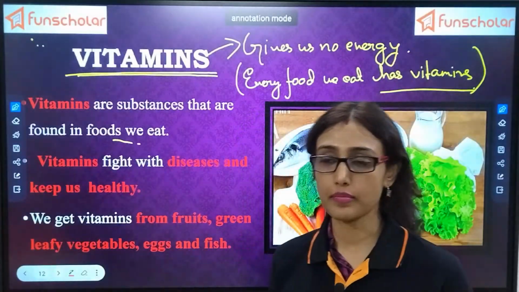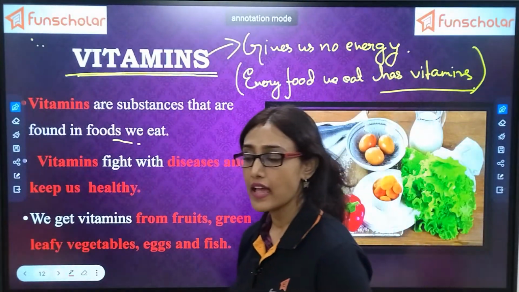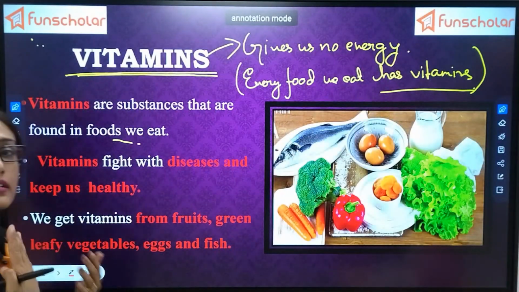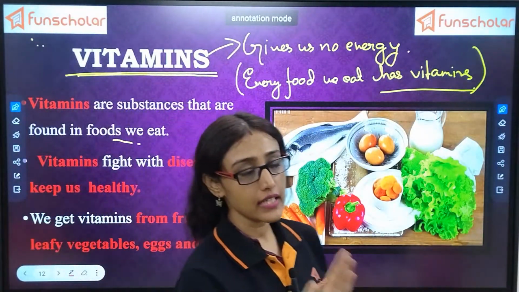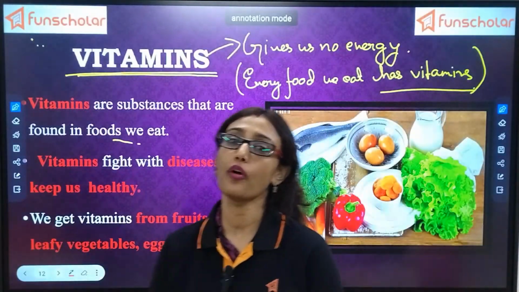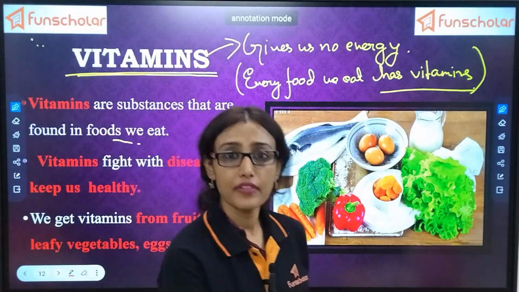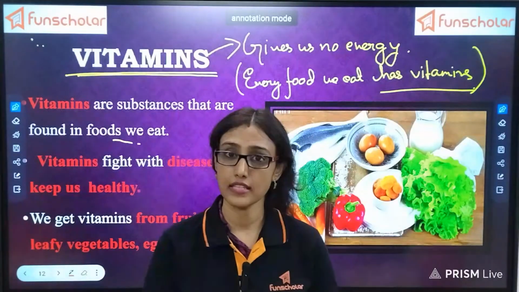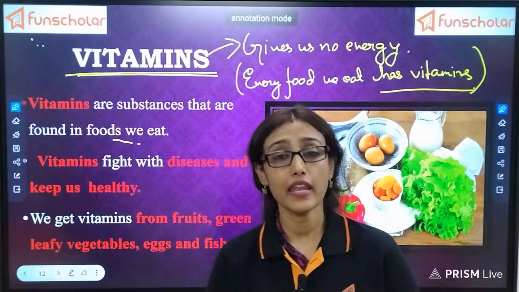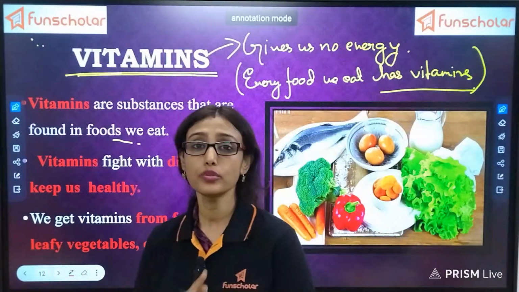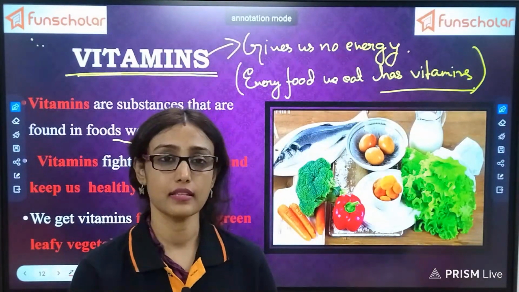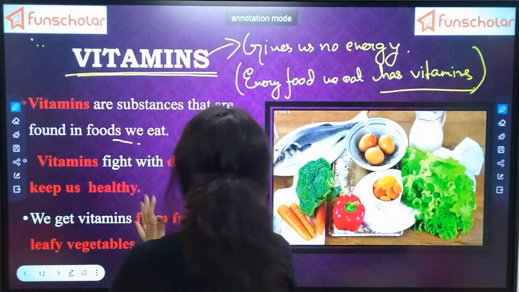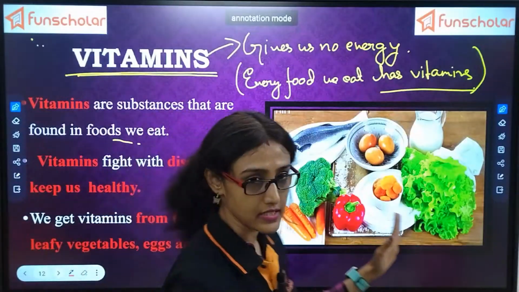Vitamins are those substances that helps us to remain healthy, fight with diseases. If you don't eat vitamins, you will fall ill. Different vitamins are associated with different kinds of diseases. So it is very much essential for you to take vitamins. And where do you find vitamins? Vitamins are present in all kinds of food we eat.